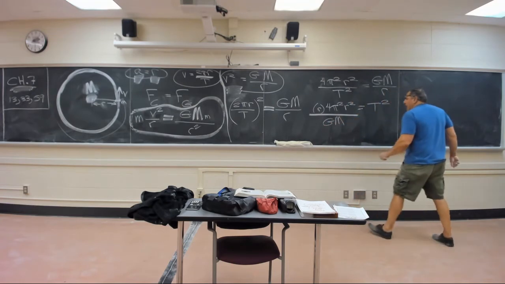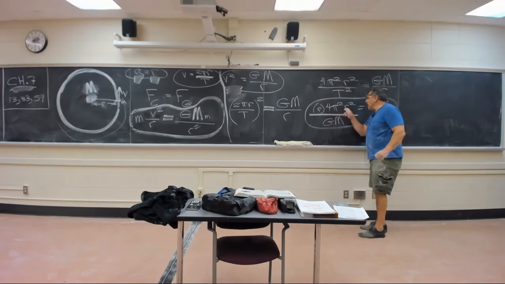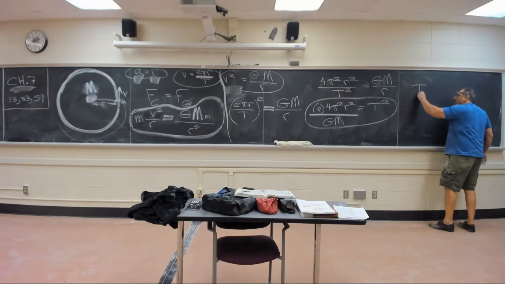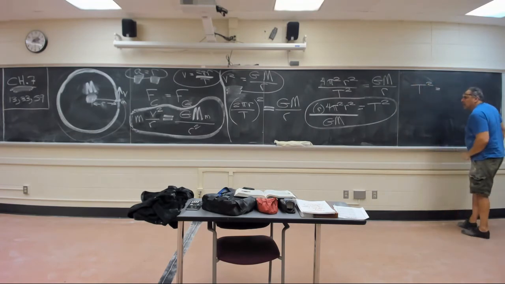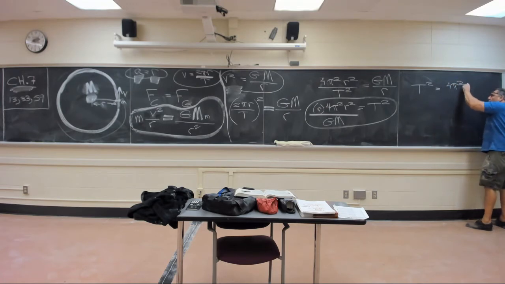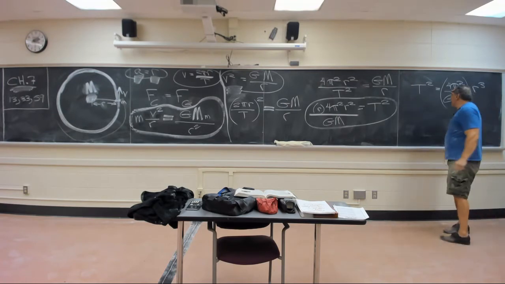Well, what is that now? r times r squared is r cubed. T squared is 4 pi squared over GM times r cubed.